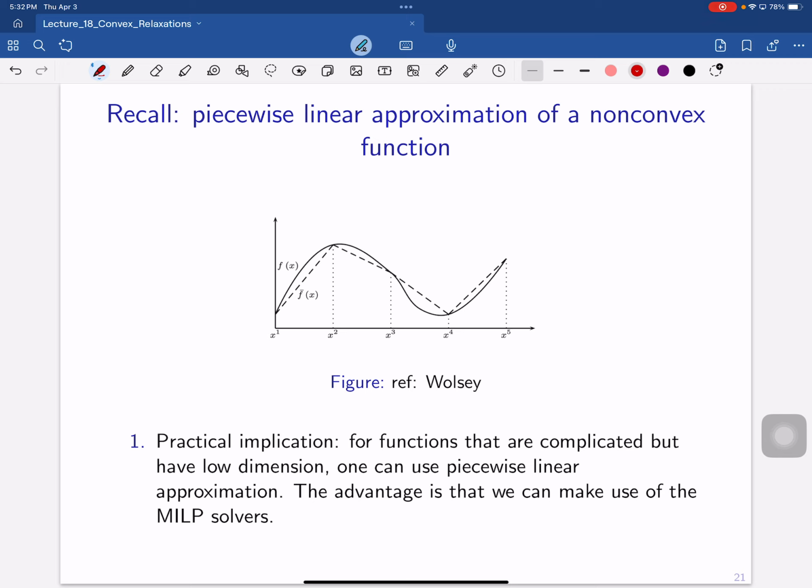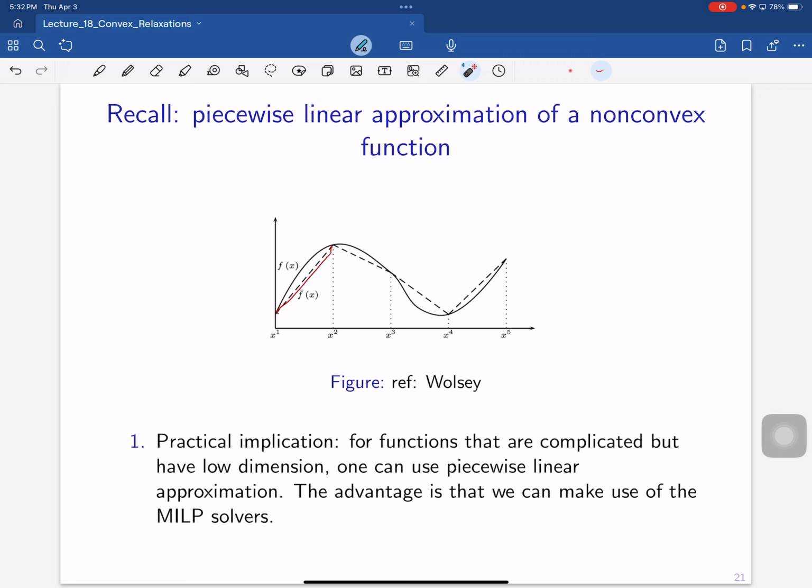For any non-convex function, you can pick some points and do a linear interpolation. Of course, you will suffer in accuracy, but for some practical problems, maybe you do not care about accuracy that much, and a piecewise linear approximation is good enough.